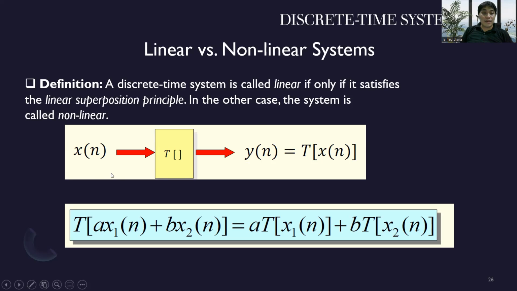In our diagram, x[n] going to T, the mapping, going to y[n] = T{x[n]}. So for the formula, T{a x1[n] + b x2[n]} = a T{x1[n]} + b T{x2[n]}.